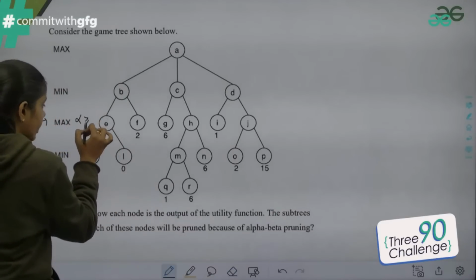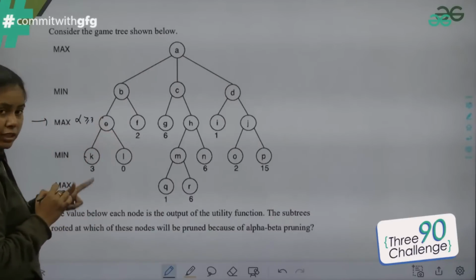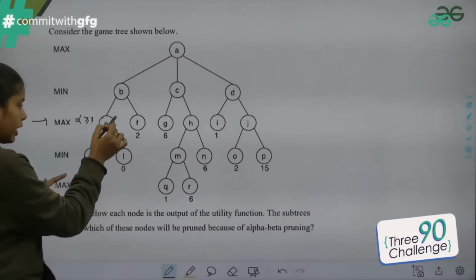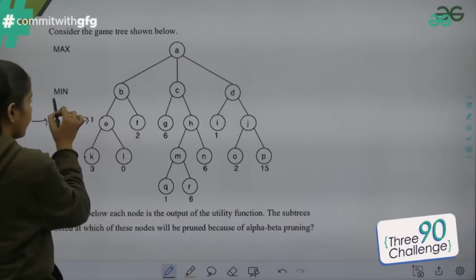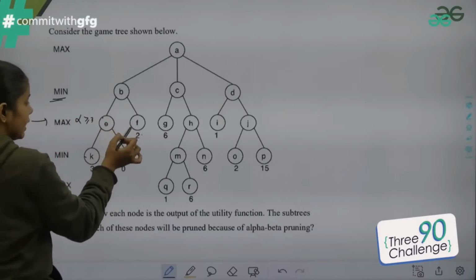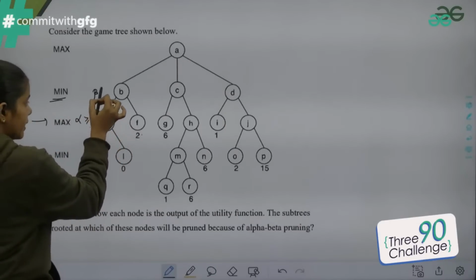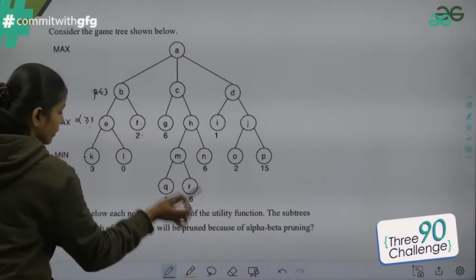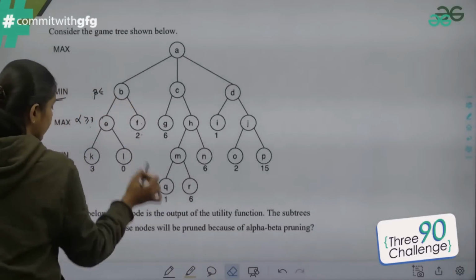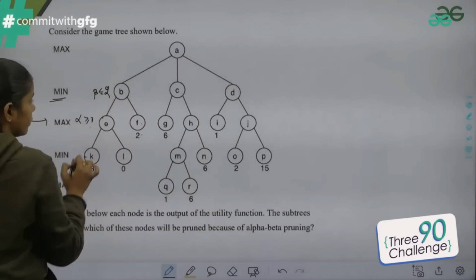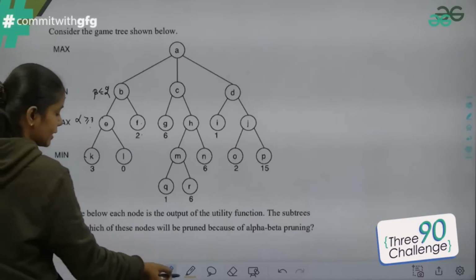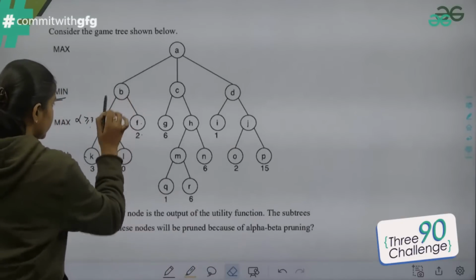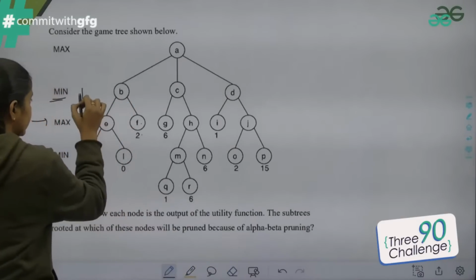Here alpha can be greater than or equal to 3, and this is 0, so that means this does not make any impact. Now for min, you can see that beta would be less than or equal to 3, but here this is 2, so beta would be less than or equal to 2, or I can say here beta is equal to 2 because it gets required here. Beta is equal to 2.